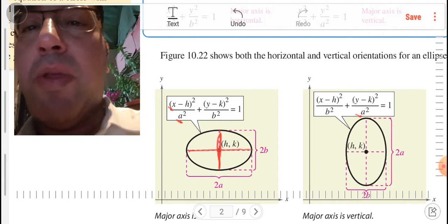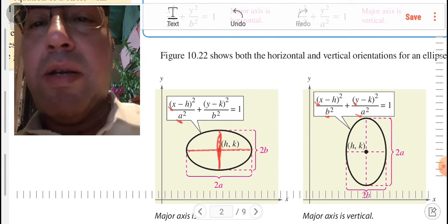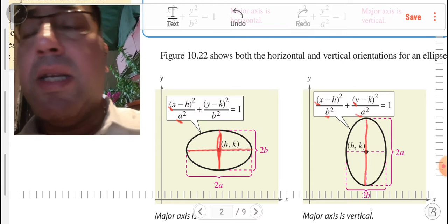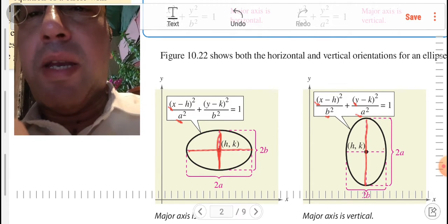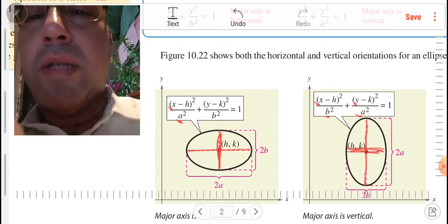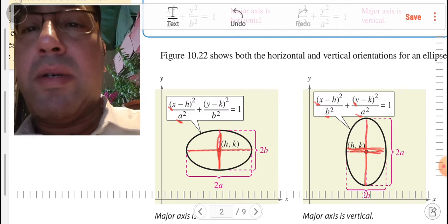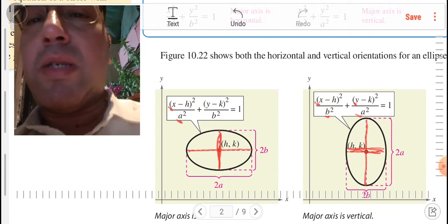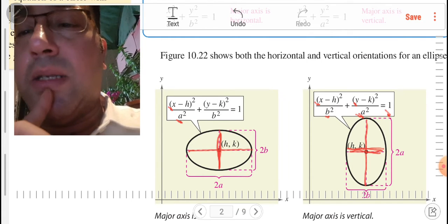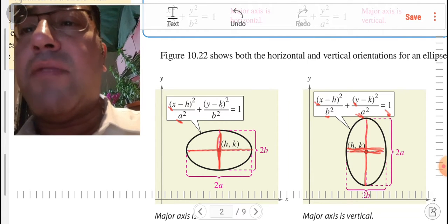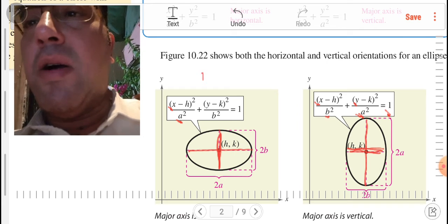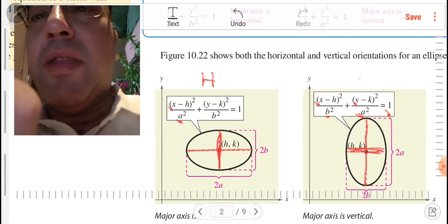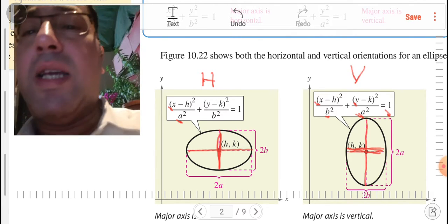But a will be with y and b with x when the ellipse has a vertical major axis, and now the horizontal axis is called minor. So x minus h squared over b squared plus y minus k squared over a squared equals 1. That's how I can differentiate between the ellipse in the horizontal position and the ellipse in the vertical position.